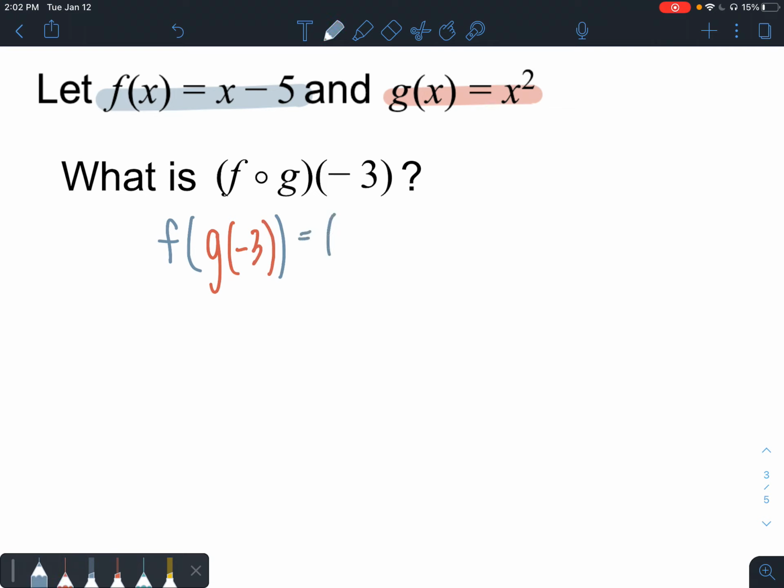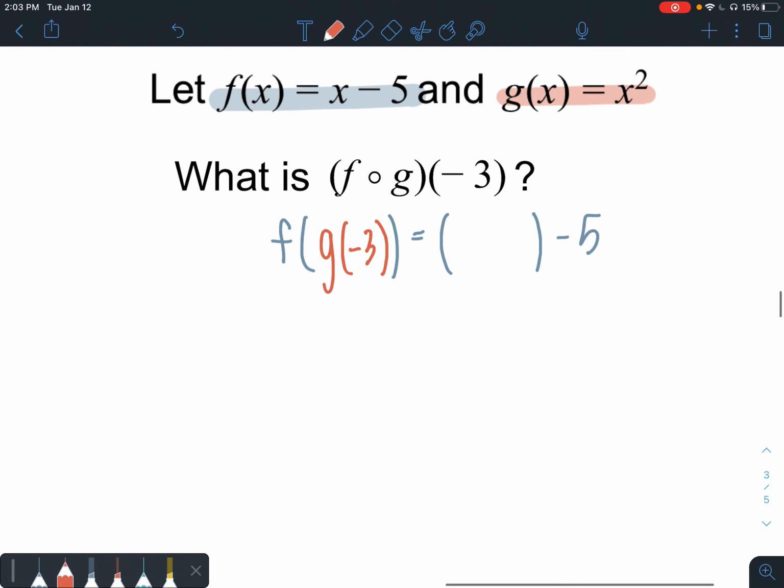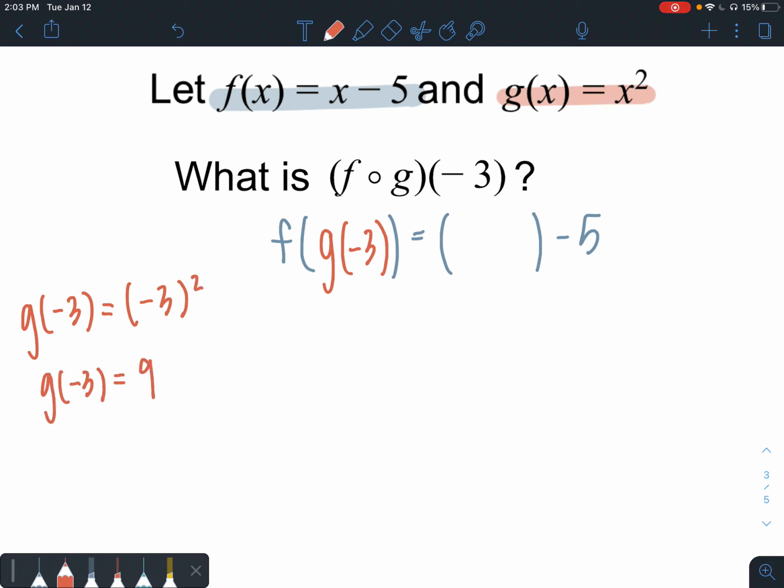F of x is x minus 5. Let's find what g of negative 3 is. We want to plug negative 3 into x squared, and so we get g of negative 3 equals 9. So we're going to replace that inside of here.